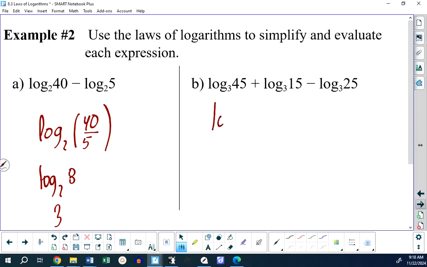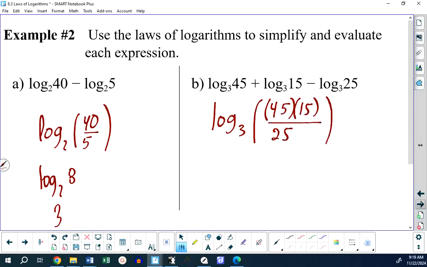If we write this as a single logarithm, it's going to contain a factor of 45 in the numerator, a factor of 15 in the numerator, and a factor of 25 in the numerator. So that's what we are left with. I mean, I guess you can use your calculator to simplify this.